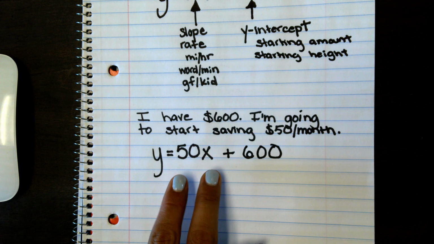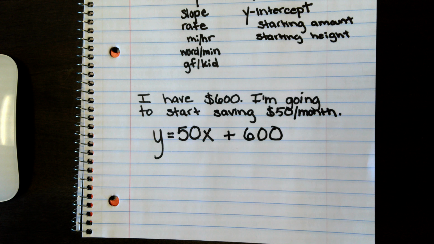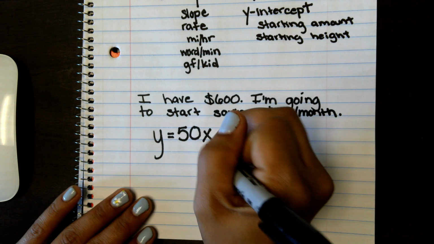Now, what are these x's and y's? Well, let's think about how we might use this. I might think, how much will I have after saving for 3 months? Well, I save $50 every month.